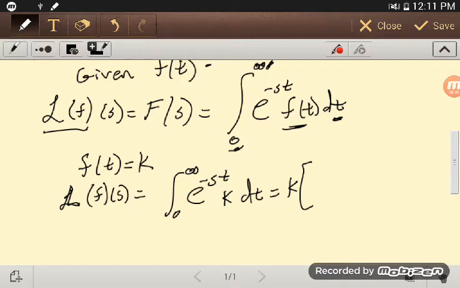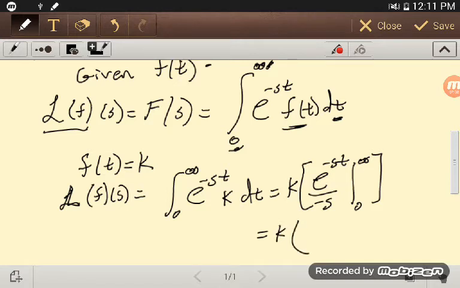Now I can do that with u substitution and so forth, right? I'll get e to the minus st over minus s is what will happen there, and that goes from 0 to infinity. And so this is equal to k times, and when I look at the limit as t goes to infinity, well, e to the negative s times infinity, that's 0.